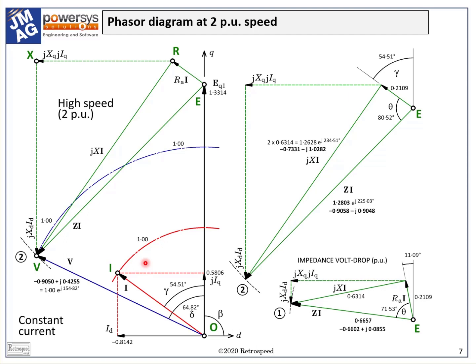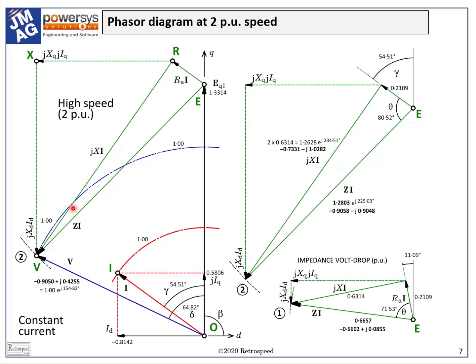But in simple terms, we should recognize that it can only do that if it has enough voltage available. If we tried to keep gamma equal to 11.09 degrees, the tip of the voltage drop phasor, EV, would be far outside the voltage limit circle, and we could expect a chaotic loss of control of the current waveform.